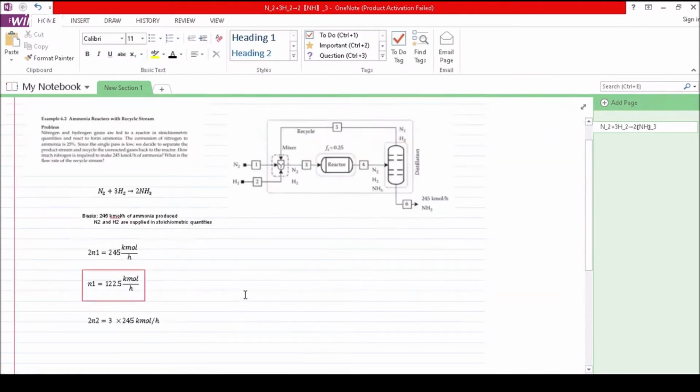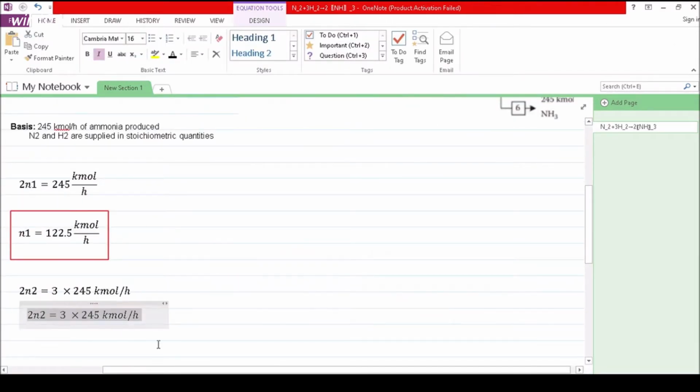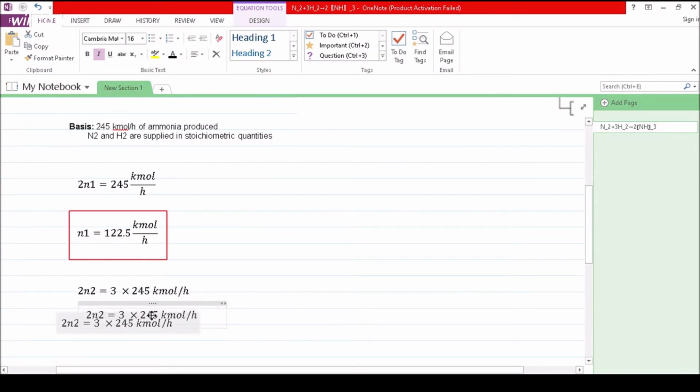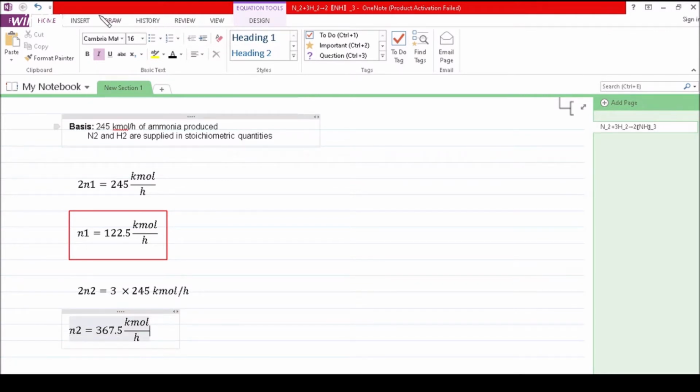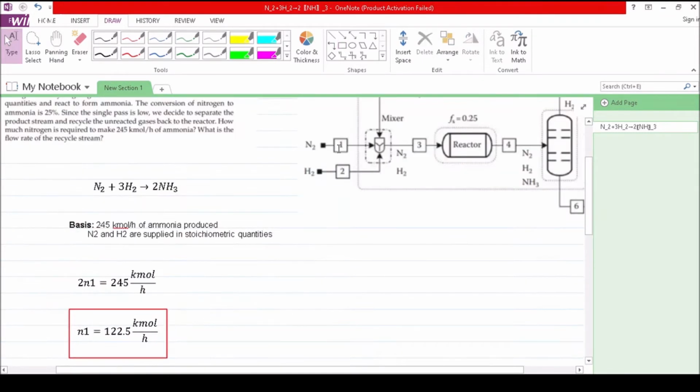Solving for N2, we get 367.5 kilomole per hour. We now have our values for stream 1 and stream 2.